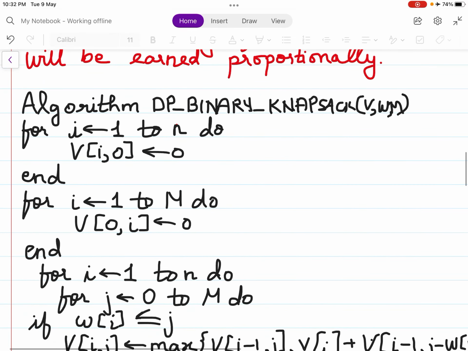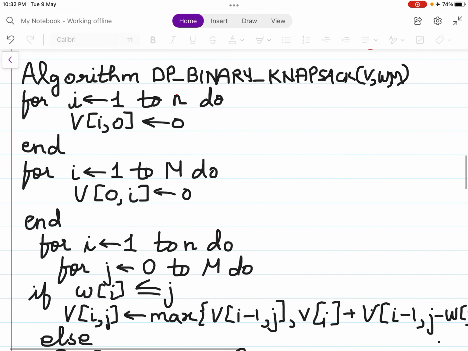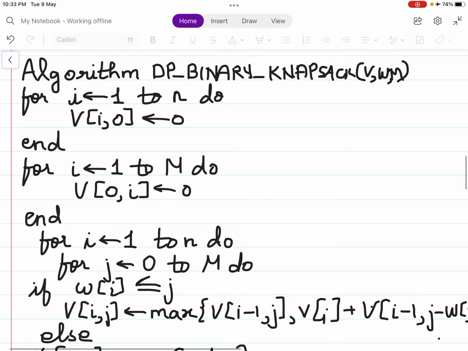Algorithm DP binary knapsack (V, W, M). For i equal to 1 to n do V of i, 0, you will assign 0 to it, and for j equal to 1 to m do V of 0, j. So 0 will be assigned to V of 0, j.